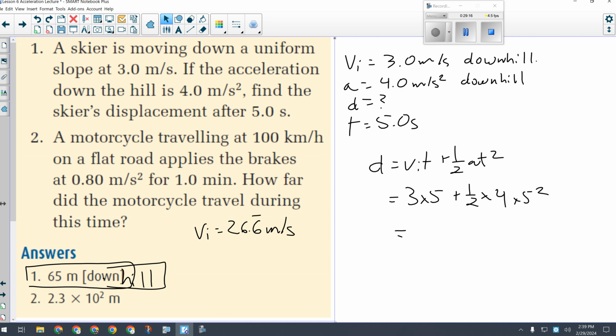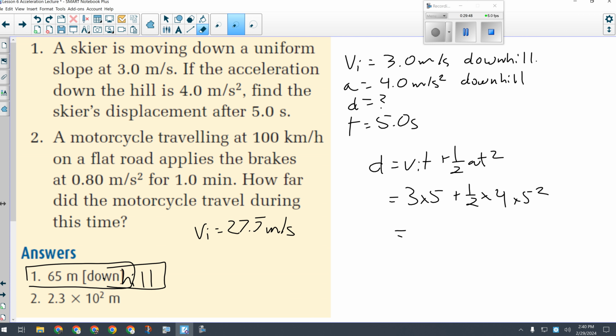Applies the brakes at 0.8 meters per second squared. What do I need to know about applying the brakes? Actually, going to correct myself. It was 27.7 repeating. I'll plug it into the calculator in a minute. I'm just being lazy.